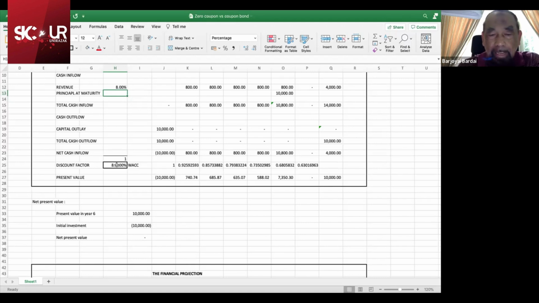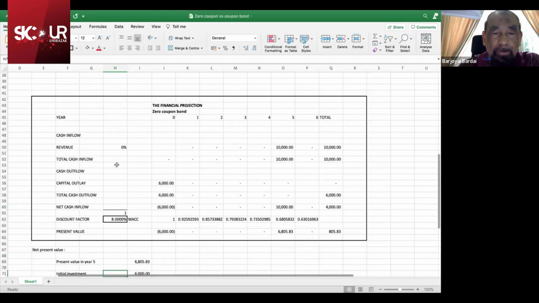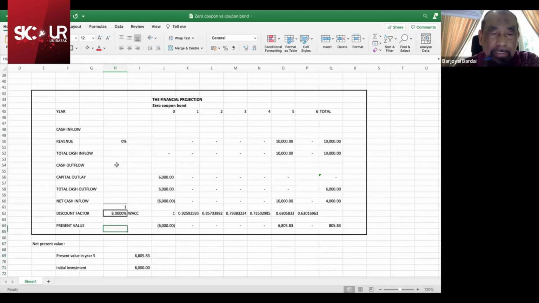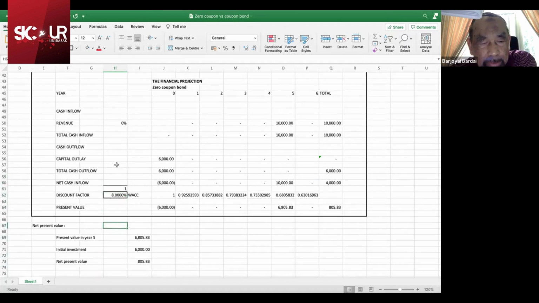Okay? That is if it is a coupon bond. But if it is a zero coupon bond and your weighted average cost of capital is 8%, then of course you negotiate, or maybe buy this bond in the market. You will have to wait until the price at least gives that 8% return.